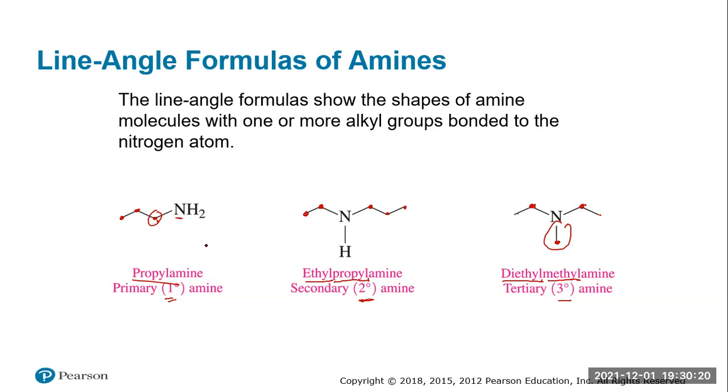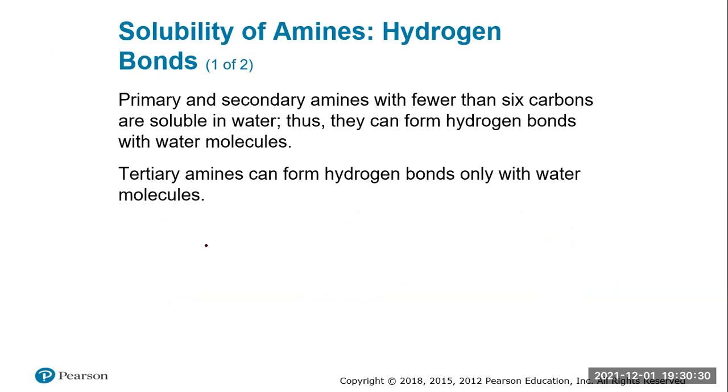Now, amines, because they're really derivatives of ammonia, and ammonia can do hydrogen bonding. Remember that in order to do hydrogen bonding, you do need a bond between hydrogen and one of our really electronegative guys, nitrogen, oxygen, or fluorine.